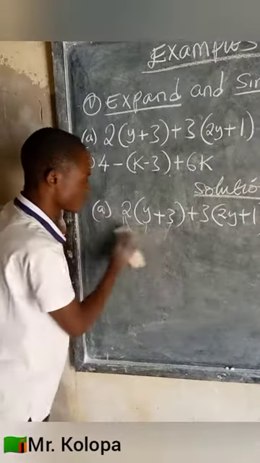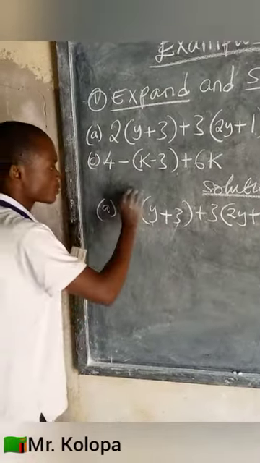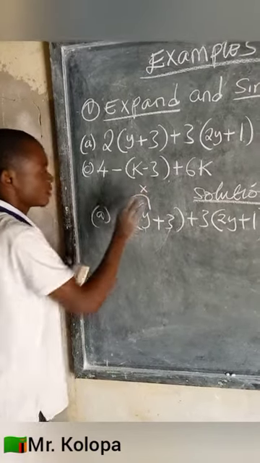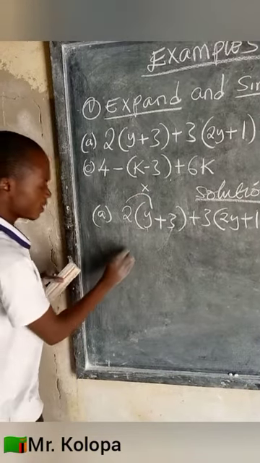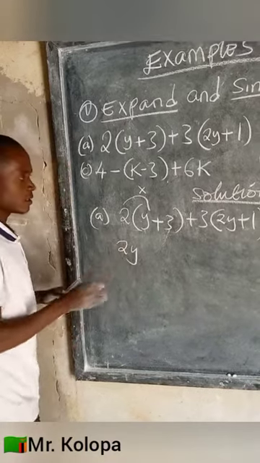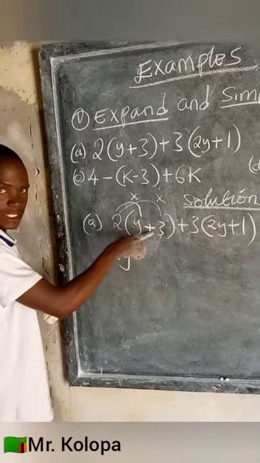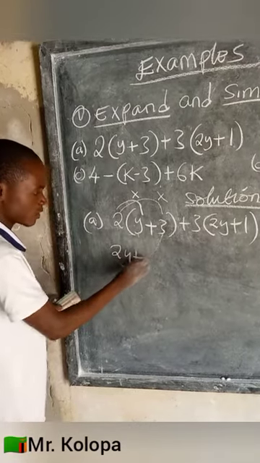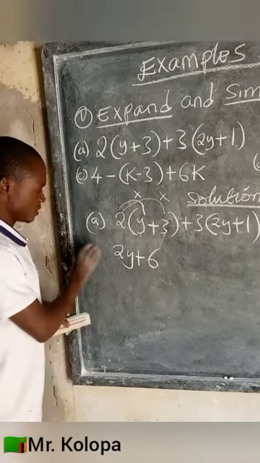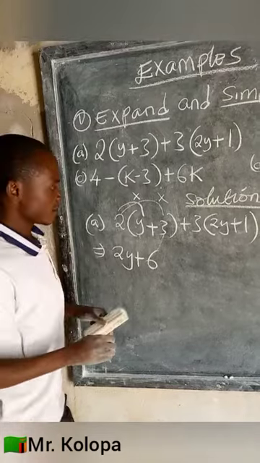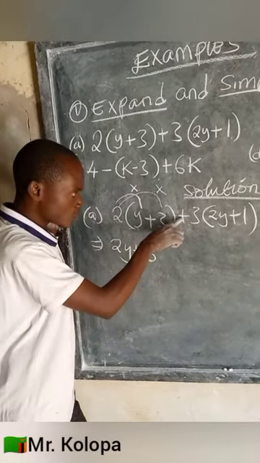So you multiply 2 by y, you get 2y. Then also 2 times the positive 3, you get positive what? Positive 6.